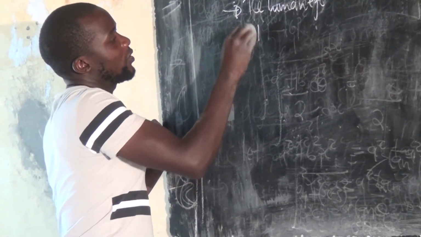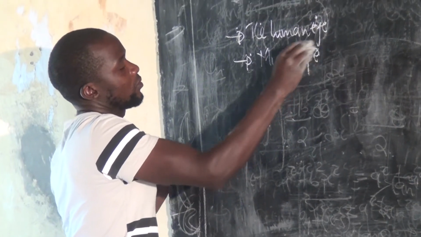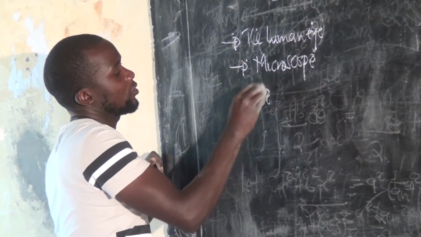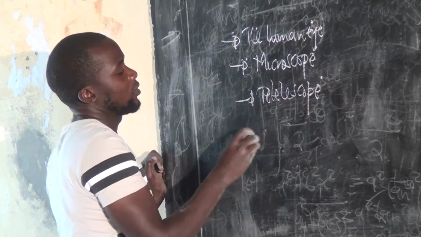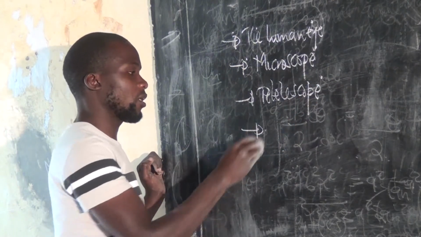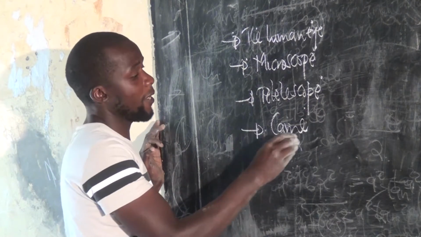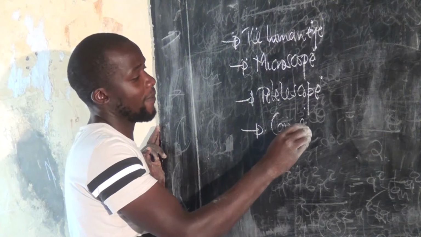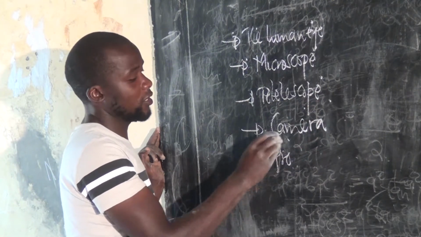We shall talk about the microscope. We shall talk about the telescope. We shall talk about the camera, that would be commonly the lens camera. And then we shall talk about the projector lantern.